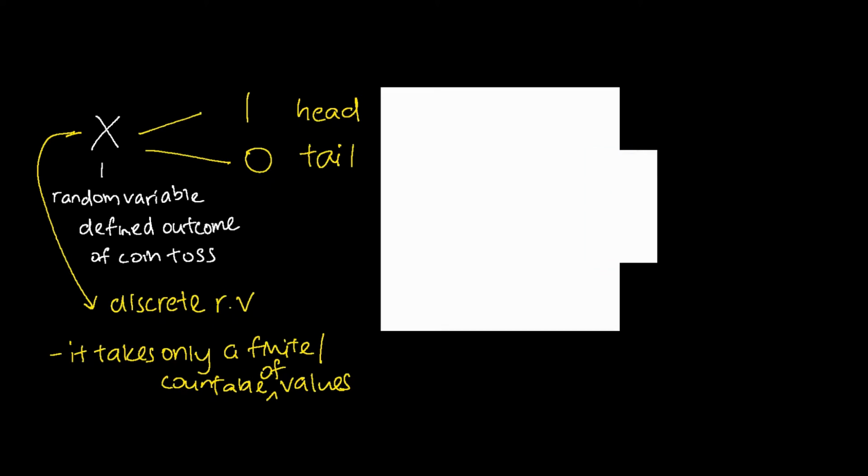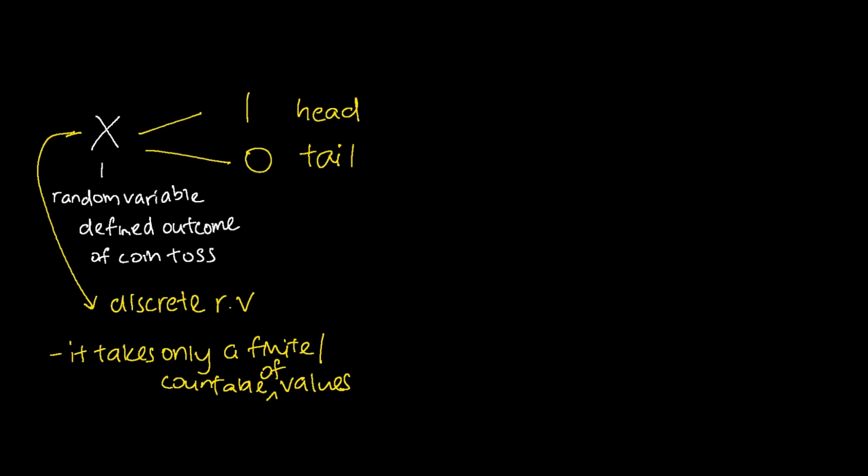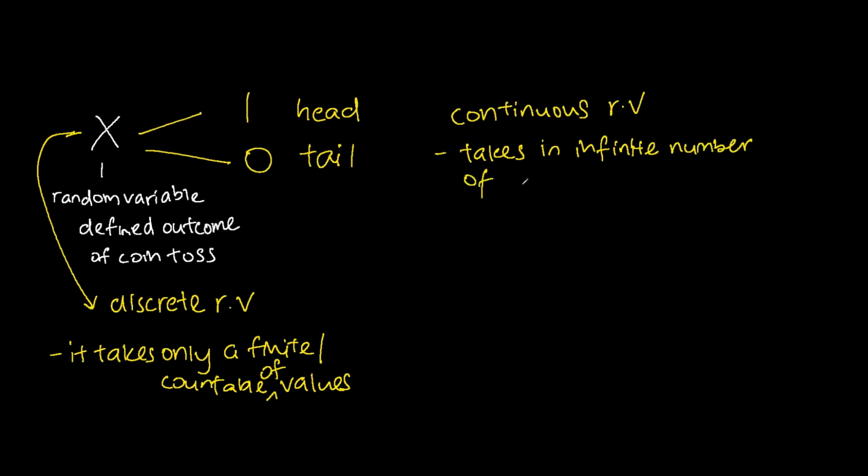Other than a discrete random variable, I can have a continuous random variable. So what exactly is a continuous random variable? It takes on an infinite number of values.